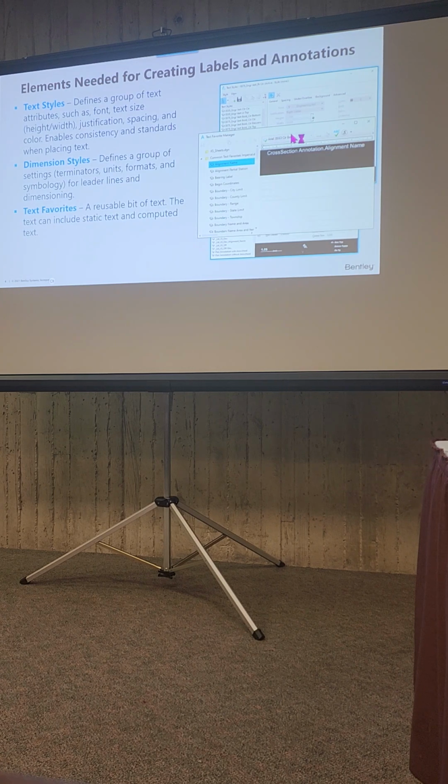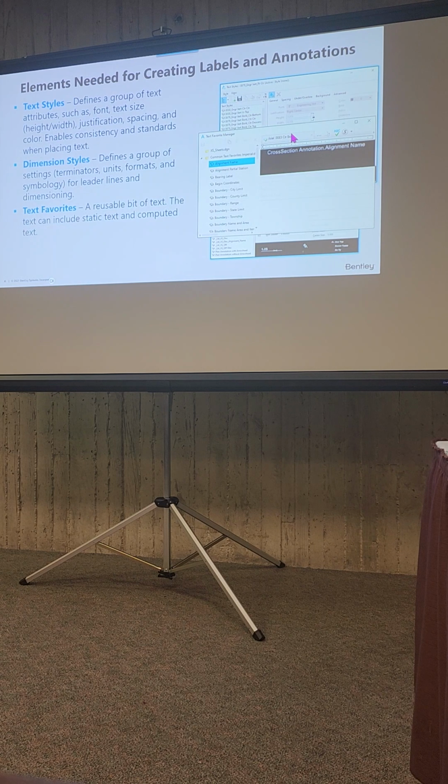However, what I have found personally to be a better option than hard coding the text favorite with a text style, especially with annotation groups and labels, is this: a lot of times you're building those for special uses and they have to have different justifications, different fonts, different sizes.